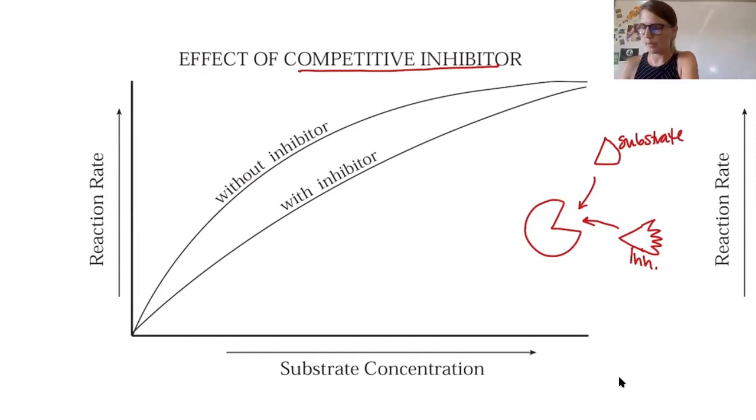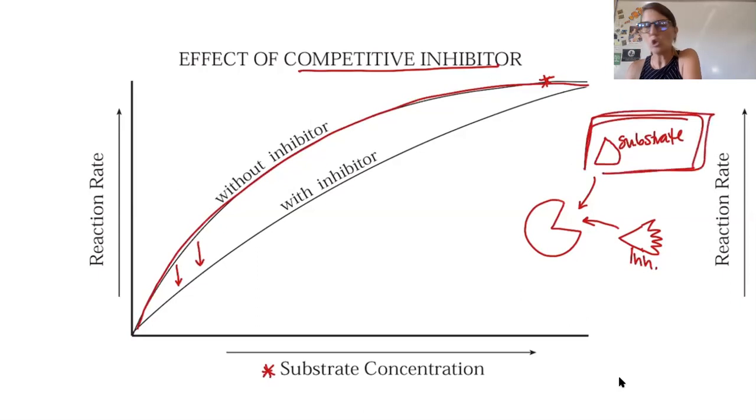So without an inhibitor, we're again looking at substrate concentration. Up here would be the point of saturation. Without an inhibitor, you get this same kind of curve. With an inhibitor, it is dramatically affected at lower substrate concentrations, but as you increase the amount of substrate, you can out-compete the inhibitor.